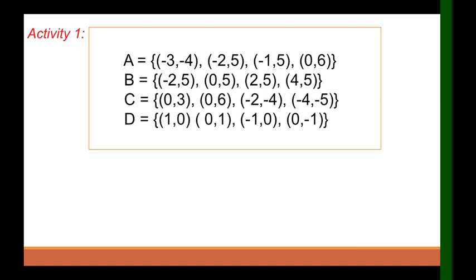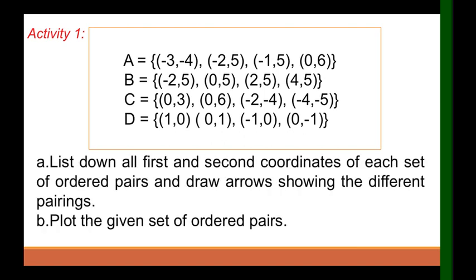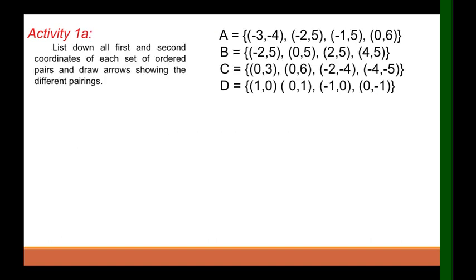For C, we have (0, 3), (0, 6), (-2, -4), (-4, -5), and D equals (1, 0), (0, 1), (-1, 0), and (0, -1). For the first activity, list down all the first and second coordinates of each set of ordered pairs, draw arrows showing the different pairings, and plot the given set of ordered pairs. So let's do the first one, the letter A.